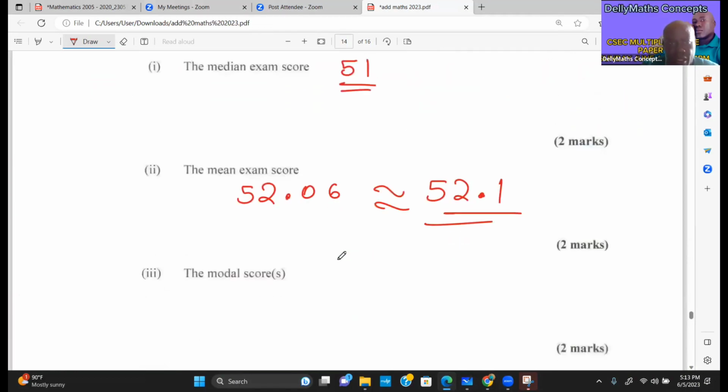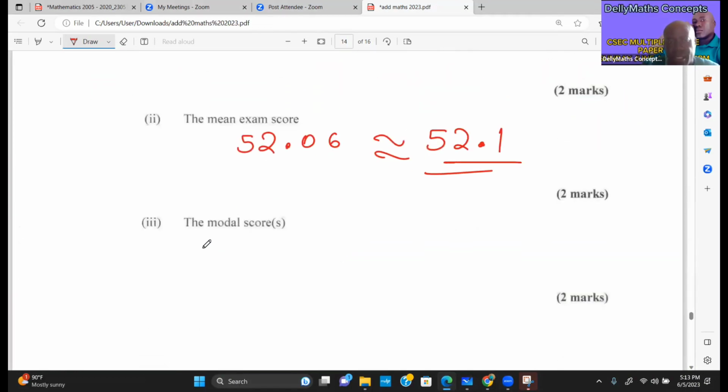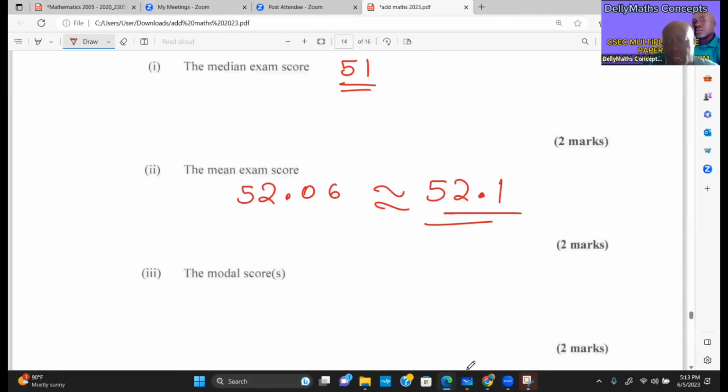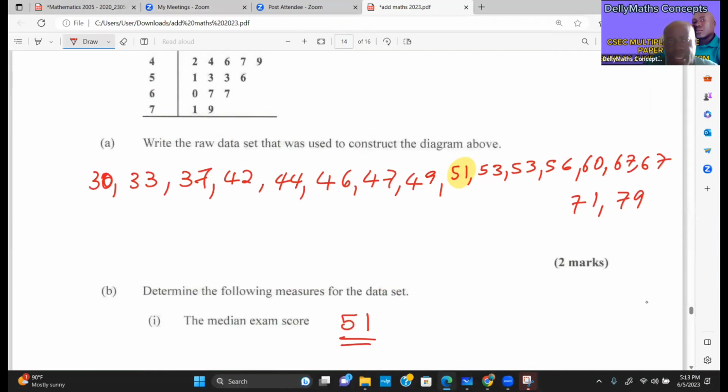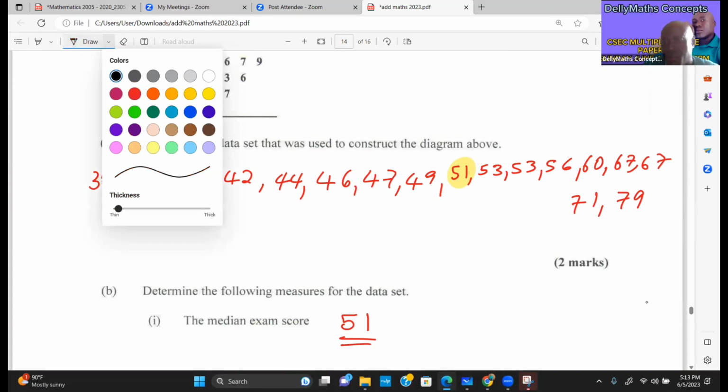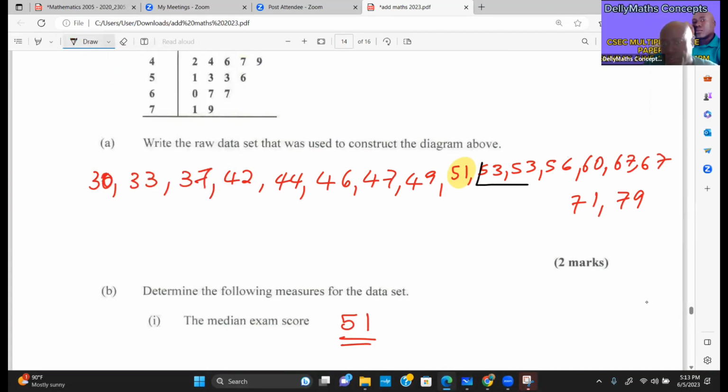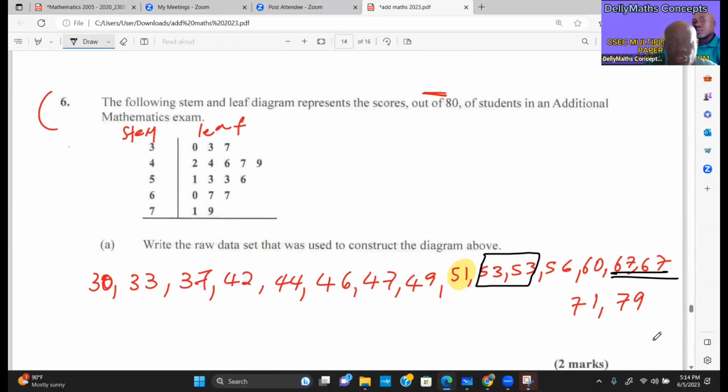All right, good. Next question says the modal score, the one that occurs the most. So the modal score will be the one that occurred the most. I'm seeing a case where I have a bimodal. 2 things actually occur the most. We're talking 53 and 67. We saw those 2 times.